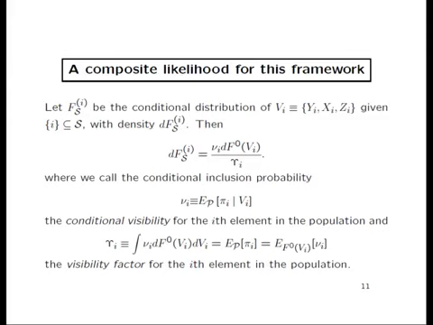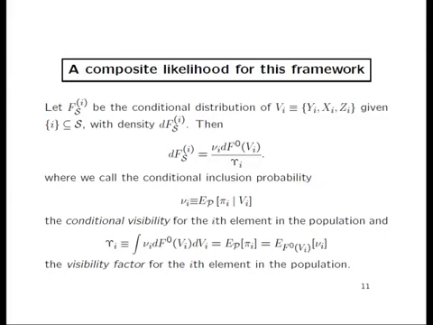The way we'll define these is that these are the so-called conditional inclusion probabilities, the expectation of the pi's given v, the variables of interest here, which we refer to as the conditional visibility. We use the term visibility because it basically says how visible certain variable combinations are in our sample. How often do they appear in that way?